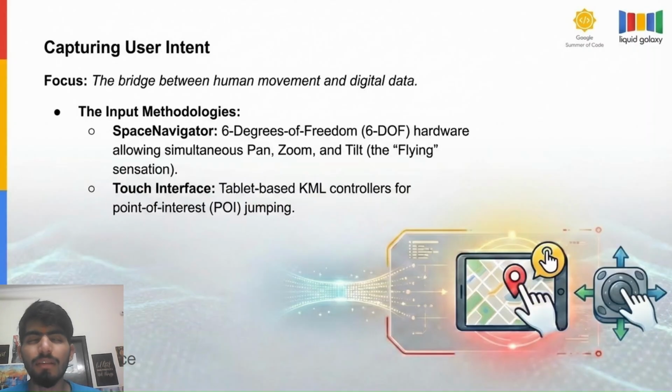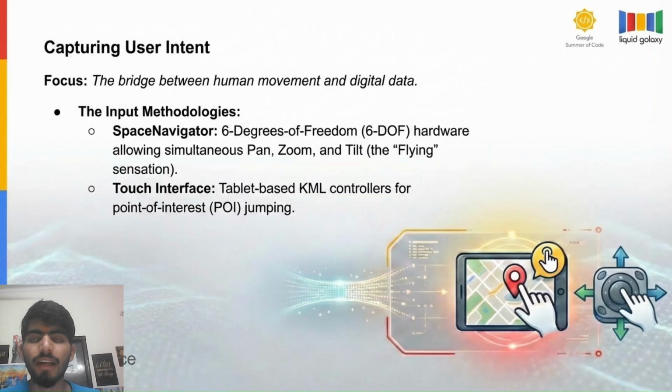Space Navigator we can consider like a joystick which provides us 6 degrees of freedom. Basically, we can go right, left, up, down, inward, and forward. These are the 6 degrees of freedom provided by the user. So this is our first input methodology.